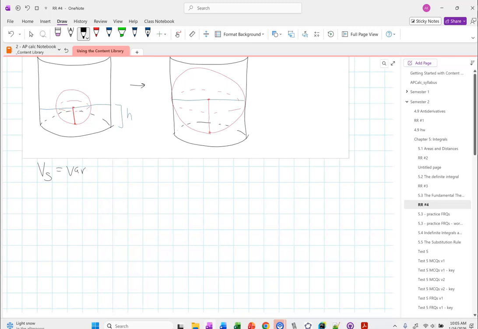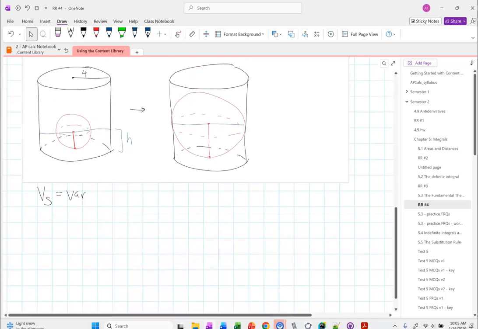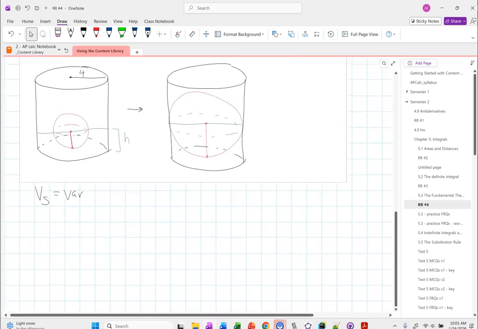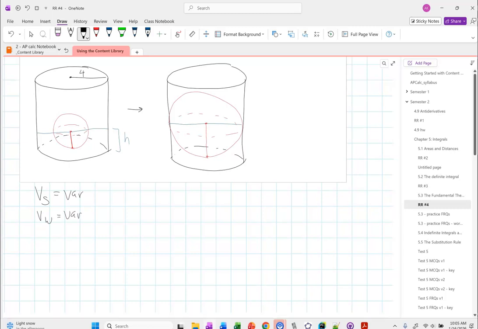Volume of the tank. So the volume of the cylinder is fixed, right? The volume of what, I'm sorry? The water. Yeah, and how is the volume of the water changing? It's getting bigger, so positive. Isn't it equal to the change in the radius? So the height, so that's true.